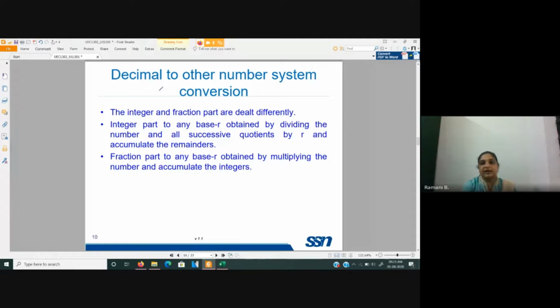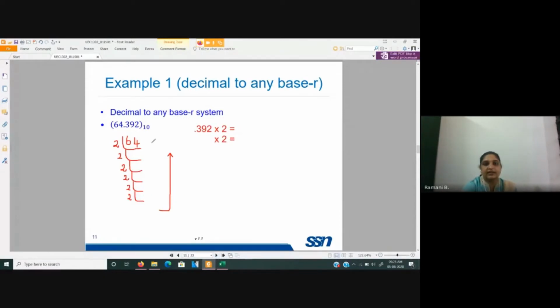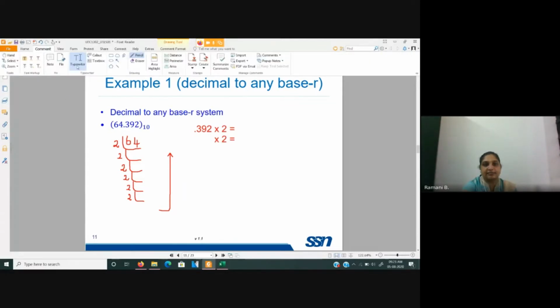The integer part is obtained by dividing it by the corresponding base R successively and accumulating the remainders. For the fractional part, we multiply and accumulate the integers. Let us see an example to get a better hold of it. Here I have considered a decimal number, and we are to convert it to other base R systems.